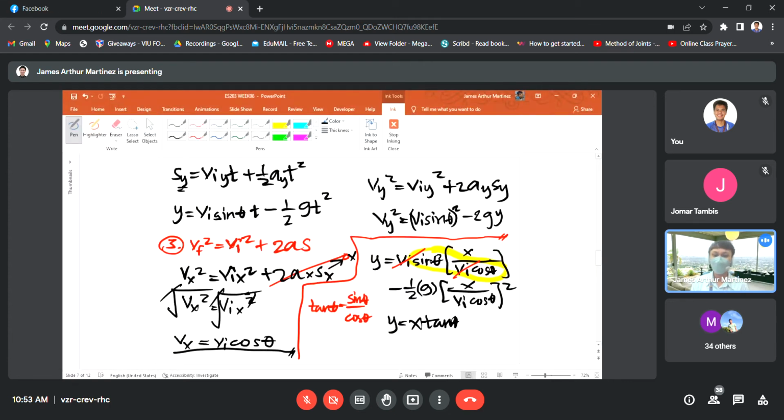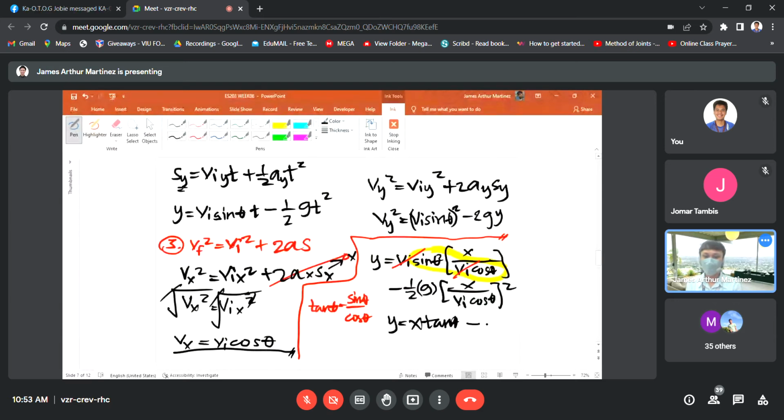So sine theta over cosine theta is just your tangent theta from trigonometric identities. So we will simplify it as x tangent theta, because what remains in the first term is x times sine theta over cosine theta, minus, in the numerator, the second term.